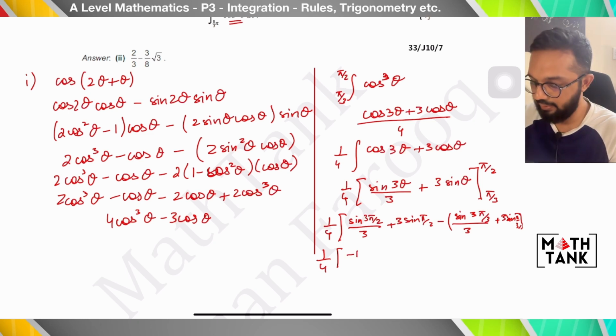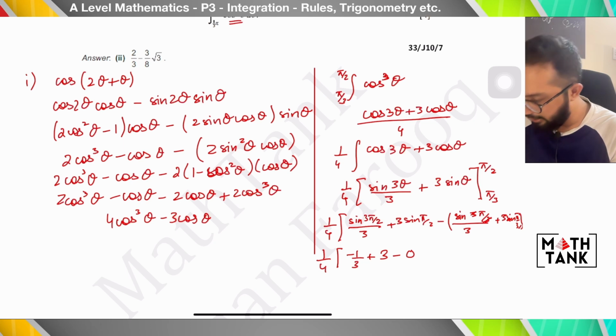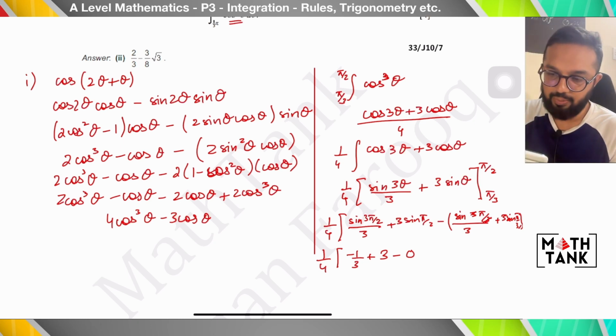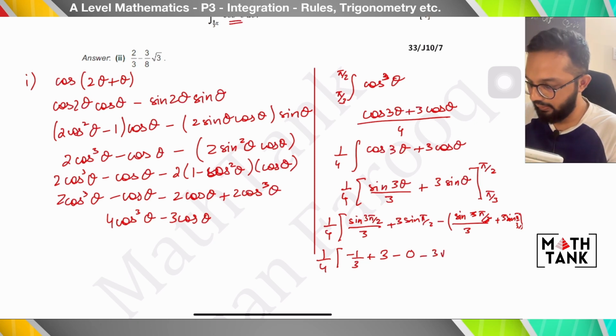Yeah, minus 1, so minus 1/3, and this pi over 2, so that gives me plus 3, minus sine 3 pi over 3 will give me 0, and 3 sine pi over 3, sine pi over 3 is root 3 over 2, give me minus 3 root 3 over 2.